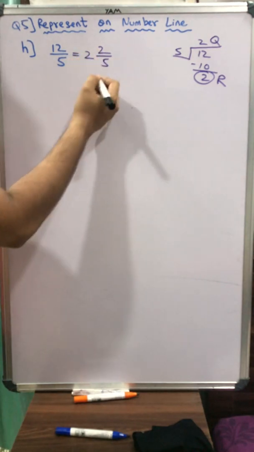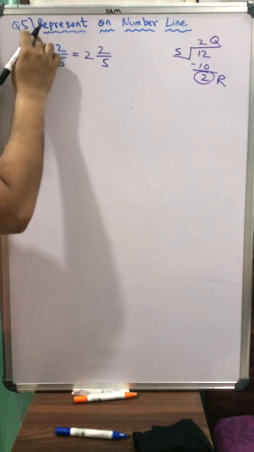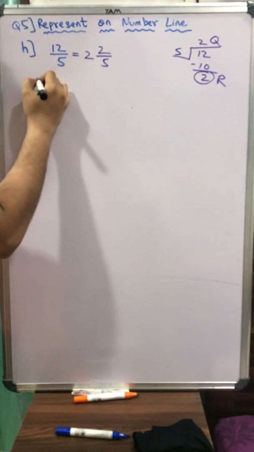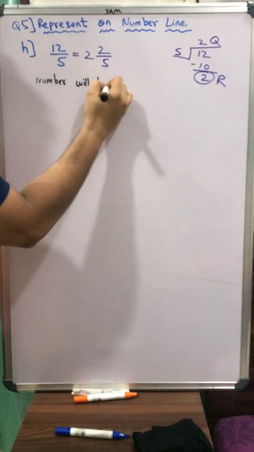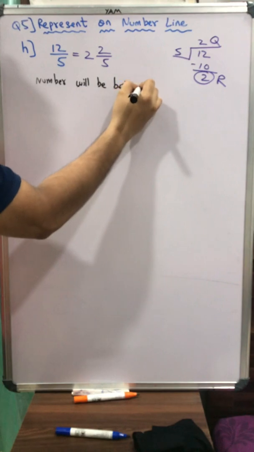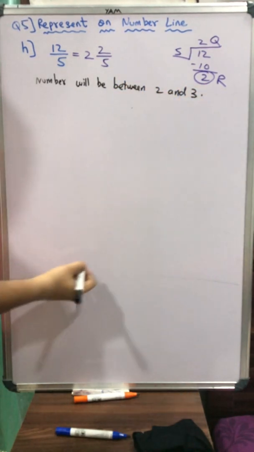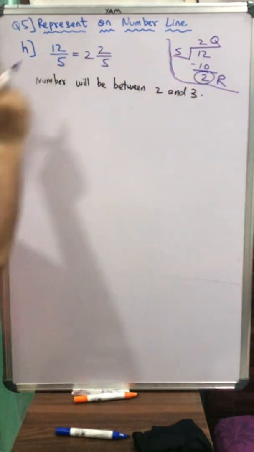You got 2 2/5. That means you should know that this 12/5 will be between 2 and 3. Who told me this? This mixed fraction told me.